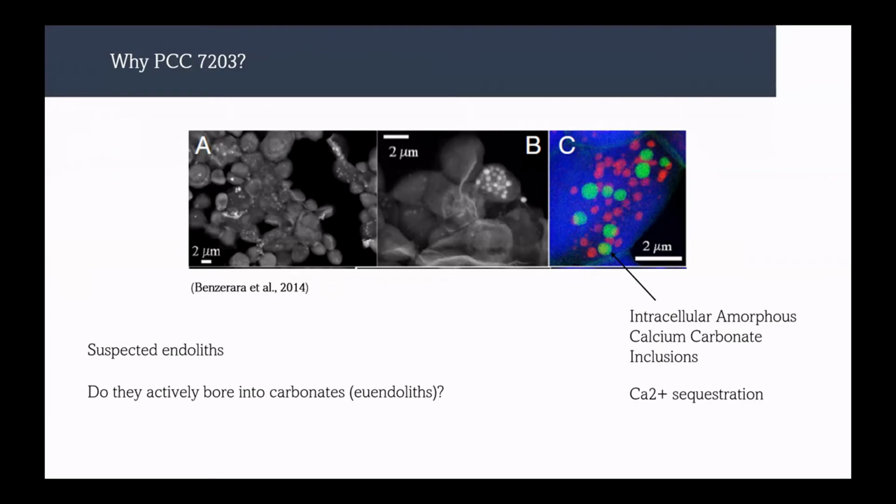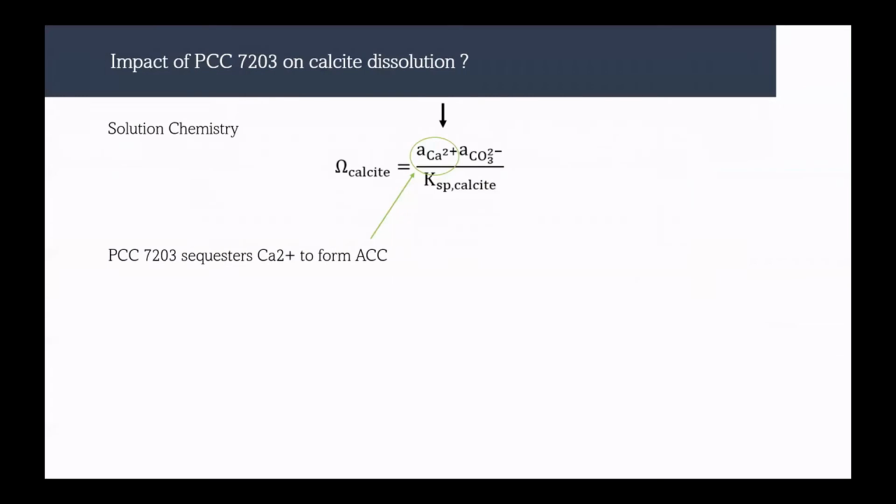And so, what is the expected impact of this strain on the calcite dissolution and on the dissolution morphology? So, as I said, one possible effect could be the sequestration of calcium, which will lead to a decrease in the activity of calcium.